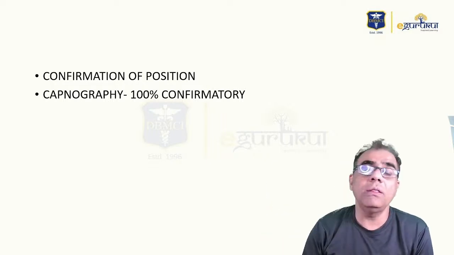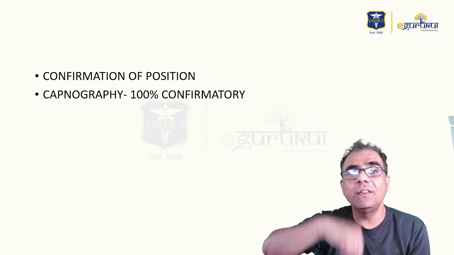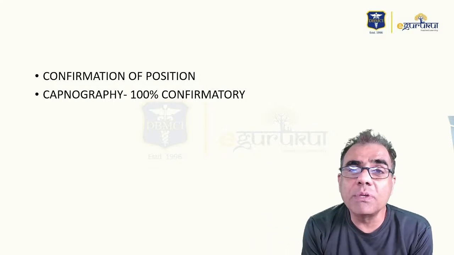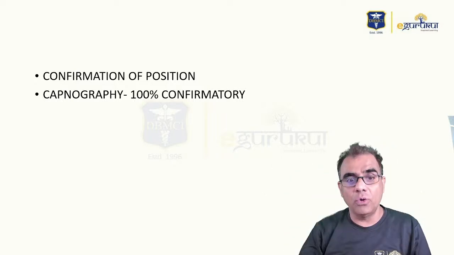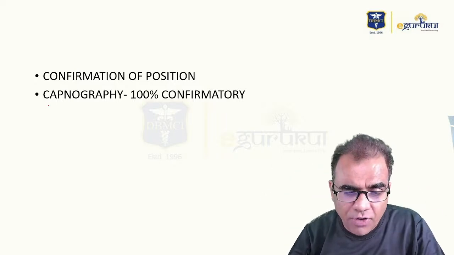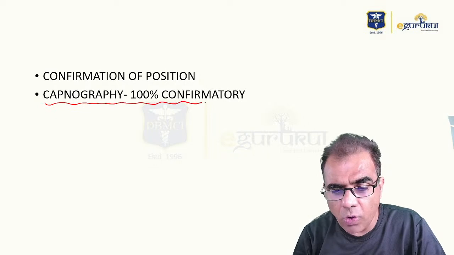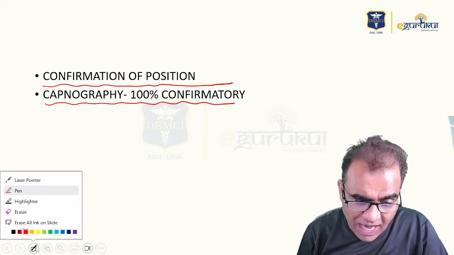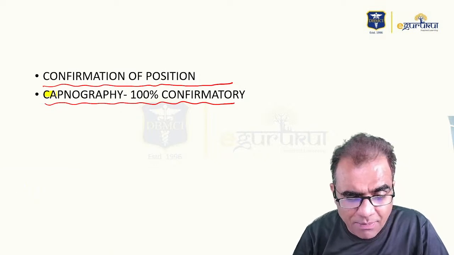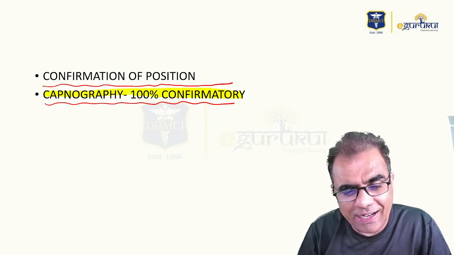Sometimes the tube may be in the esophagus and you are hearing conducted sounds which you can misinterpret as breath sounds. So even auscultation can misguide you. Therefore, the surest confirmation of intubation is only and only possible with capnography. Capnography, as the name suggests, is the measurement of end-tidal carbon dioxide.